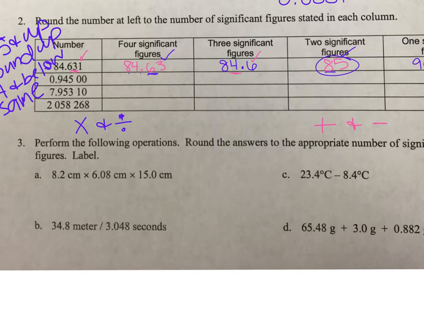So let's start with our multiplication and division. When you are multiplying and dividing, okay, your answer should reflect what? Who remembers? Your lowest number of sig figs. Good.